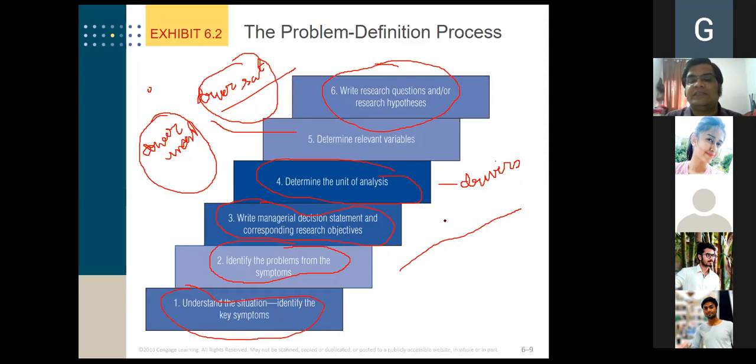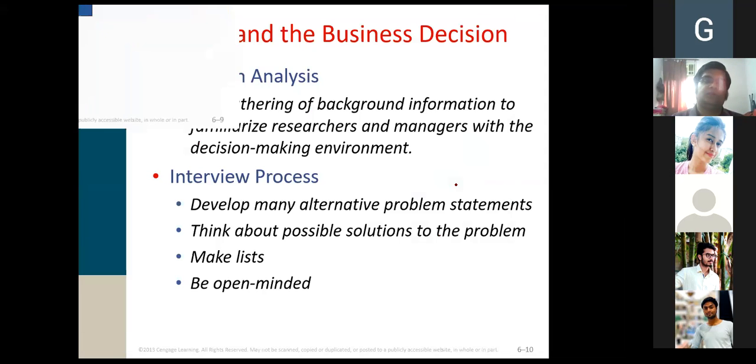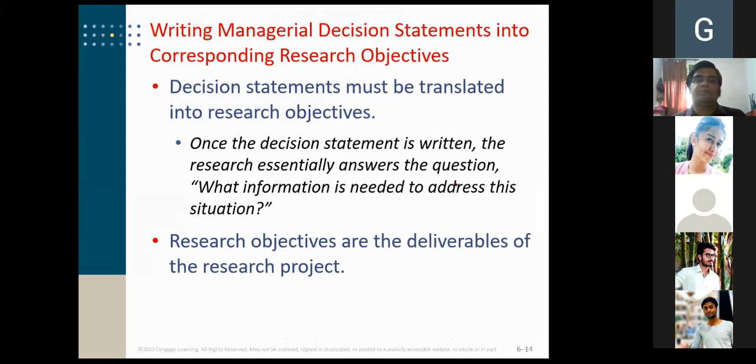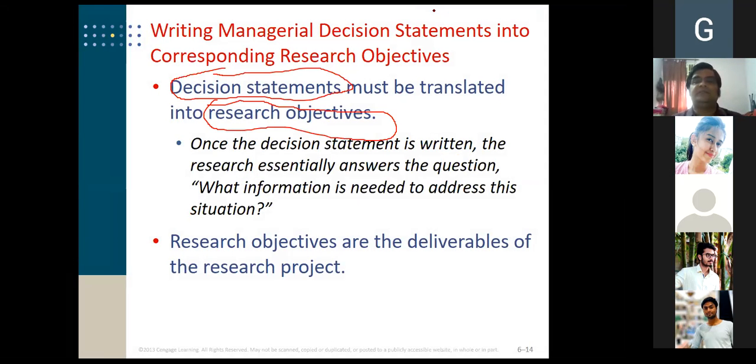So the decision statement is a statement, and from the statement we go to the research objective, right? So how do we do that?